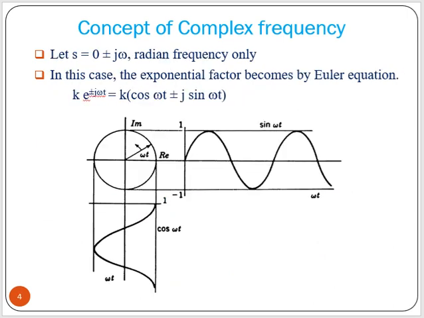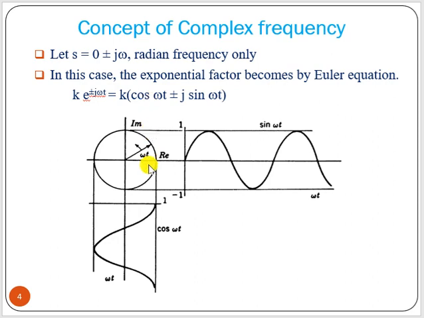Now when sigma is 0 and we have a j omega term only, then what will happen? We can write k e to the power plus or minus j omega t, and according to the Euler identity we can write k times cosine omega t plus or minus j sin omega t. In this term, cos omega t is the real part and j sin omega t is the imaginary part.